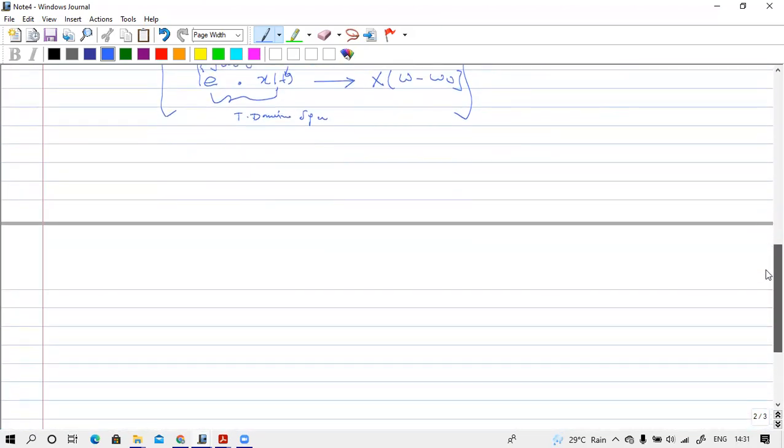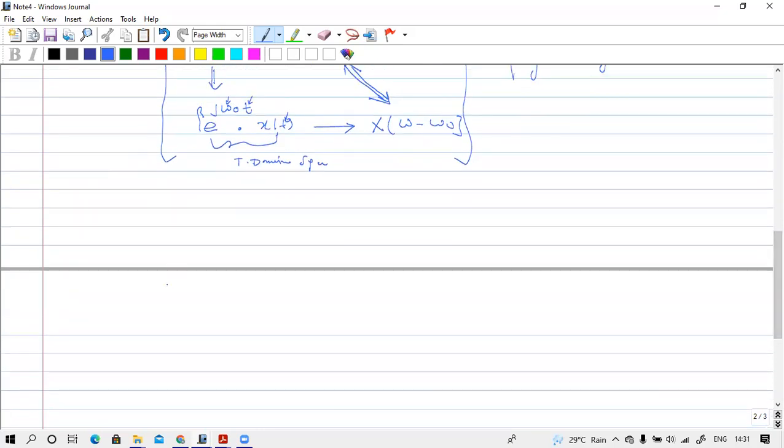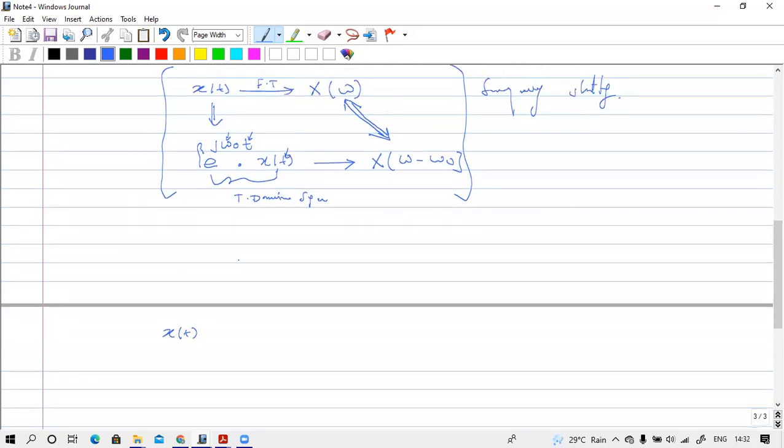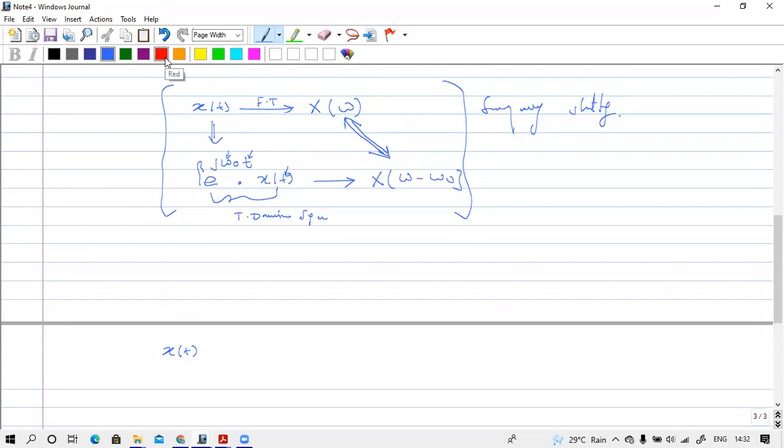Right, now you can see we have x(t). If you are getting confused, I will use this as f(t). So here f(t) and here capital F(omega), and for the time domain signal f(t), you will get F(omega minus omega naught).